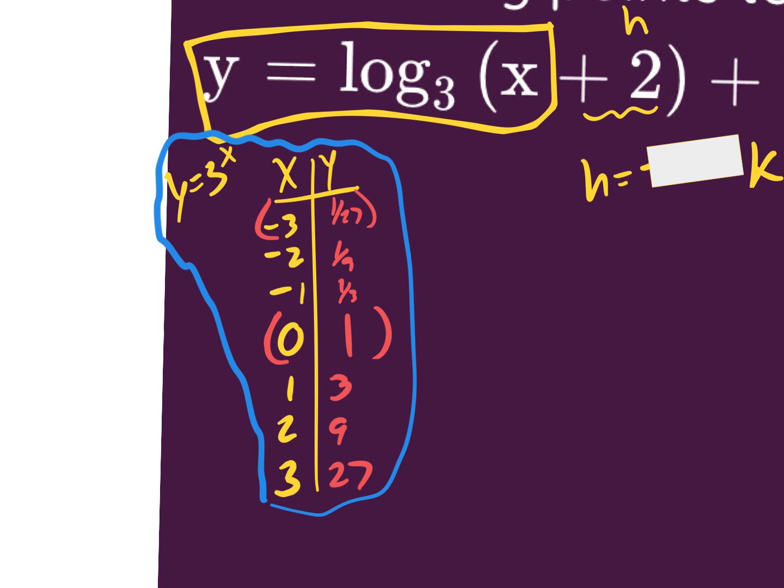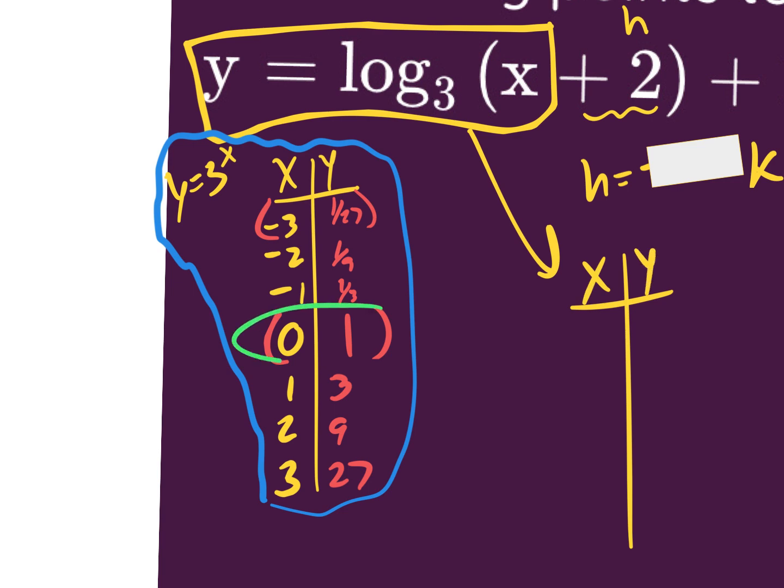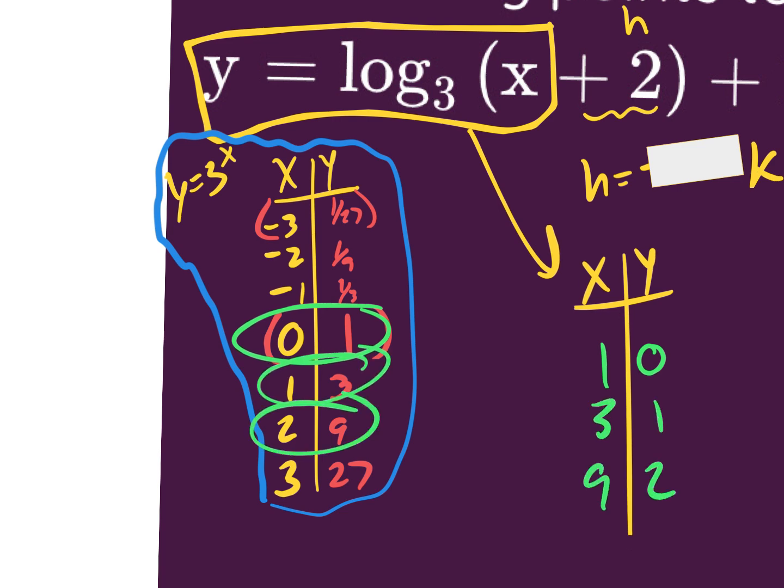So if I actually wanted my coordinates of y equals log base 3 of x, all I need to do is switch those guys to a 1, 0, switch these guys to a 3, 1, switch that to a 9, 2. Get it? And now we're able to graph it.